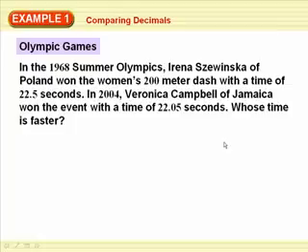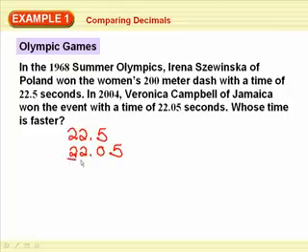In 2004, Veronica Campbell of Jamaica won the event in the time of 22.05 seconds. Wow, those numbers look familiar. Whose time is faster? So what we're doing is we're comparing decimals, and one thing that your book recommends you do is to take those two decimals and line up the decimal places and compare place values. The farther the number is to the left, the less it's worth.